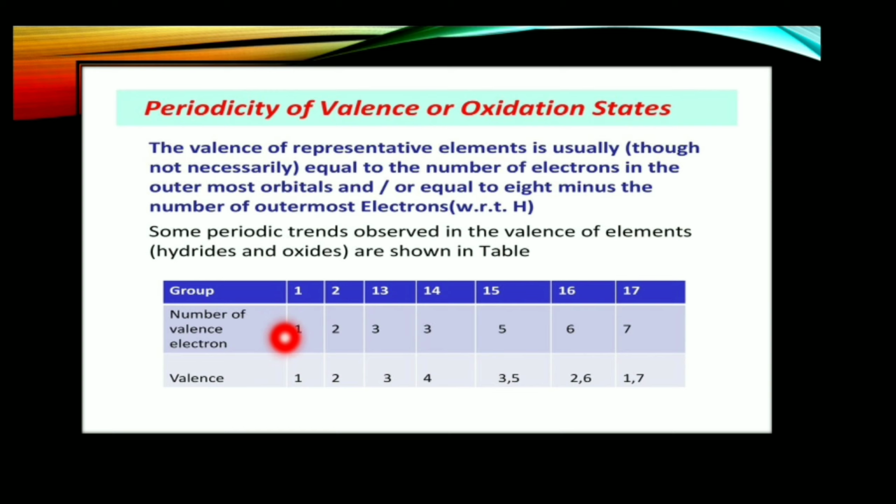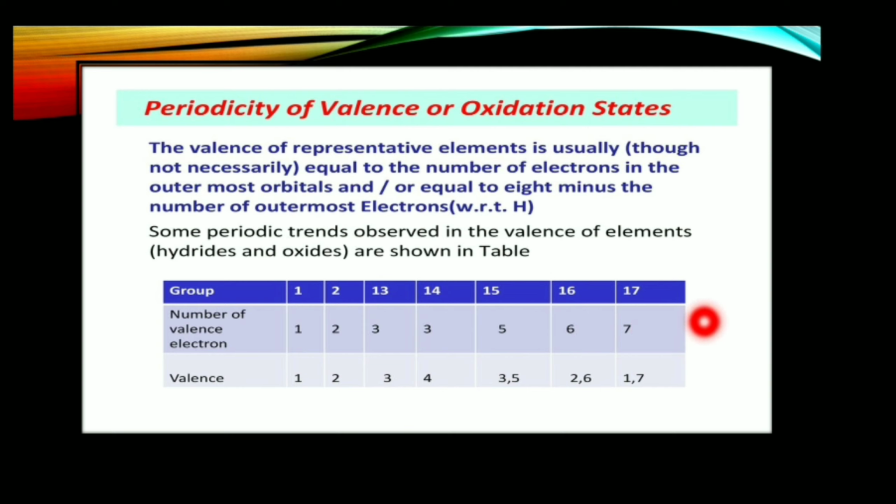Number of valence electrons in first group 1, in second group 2, the S block elements. Then the P block elements, because representative elements are usually S and P. In the 13 family elements, the number of valence electrons is 3, then for the 14 family elements it is 4. Please make a correction, this is 4, then 15, 5, 16, 6, 17, 7, then 18, 8.